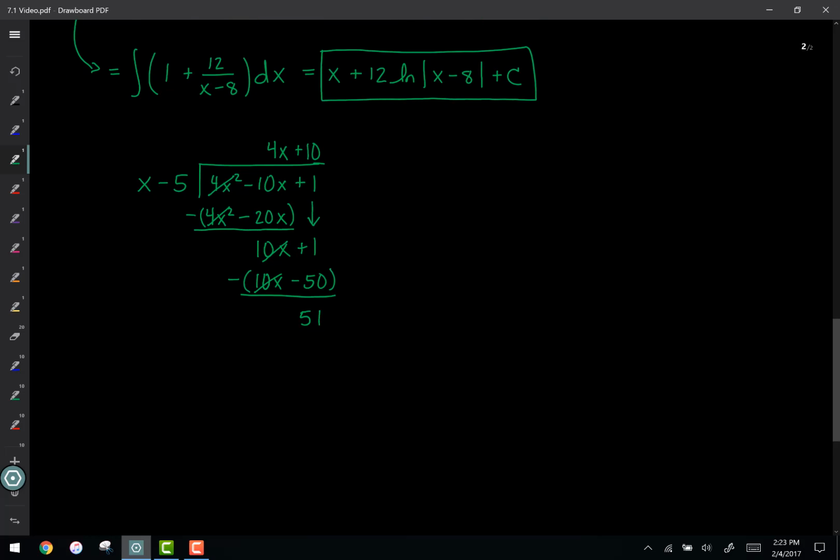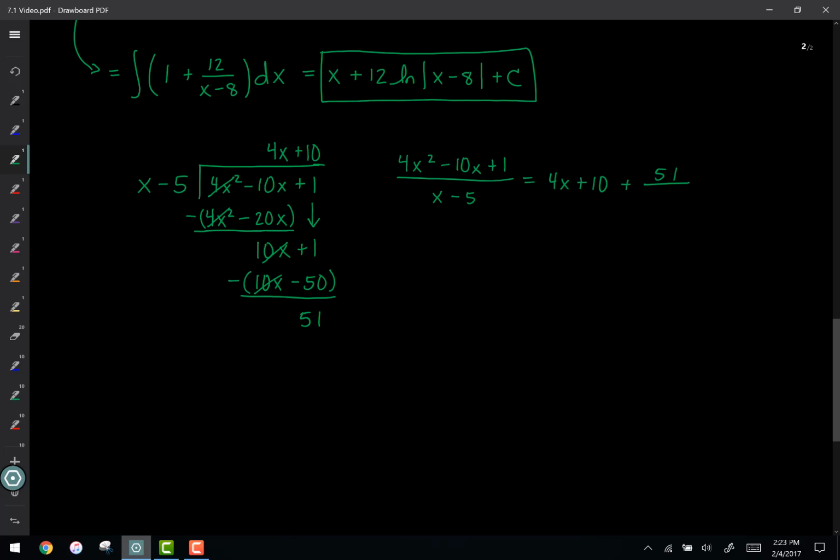So in this case, 4x squared minus 10x plus 1 divided by x minus 5 could be rewritten as 4x plus 10 plus 51 over x minus 5. So again, it's always the quotient, which is the answer from doing the division, plus the remainder over the divisor.